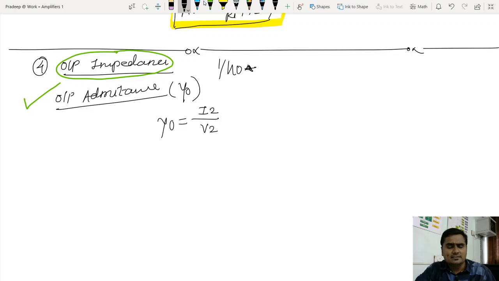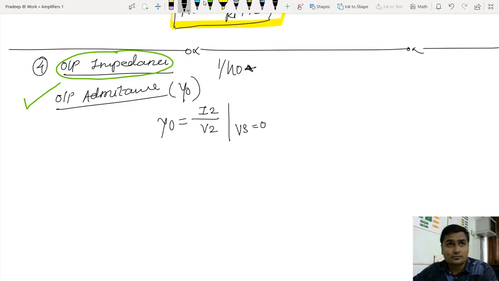You might have studied this in network analysis. The whole network analysis is, I think, based on the concept that if you want to deal with output parameters, input has to be shorted. So input short करना ही पड़ता है अगर output का कुछ find out करना है. So obviously then output admittance, that is YO, is equal to I2 divided by V2 when Vs is equal to 0.